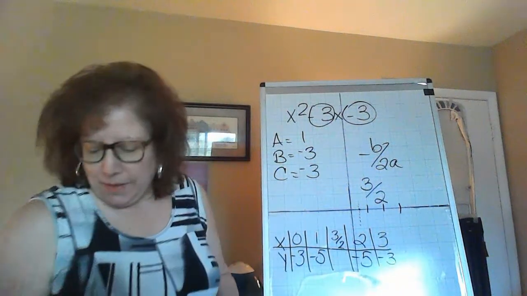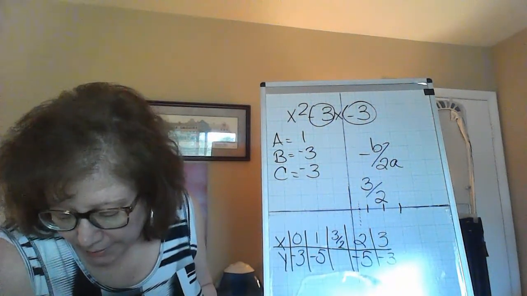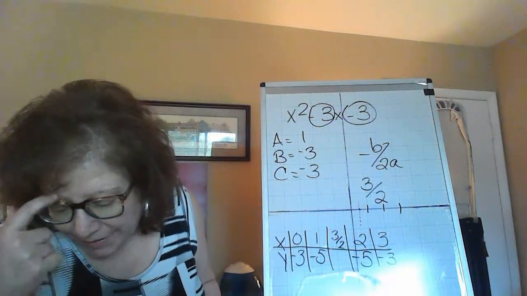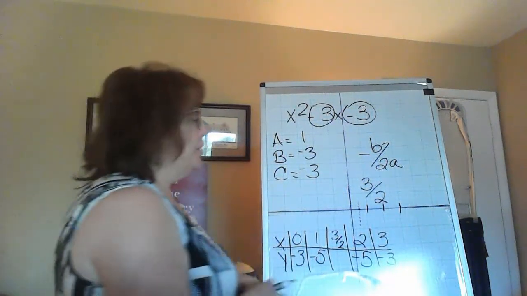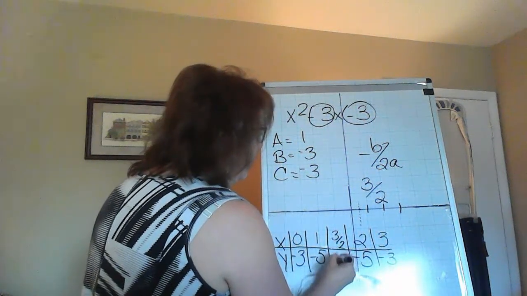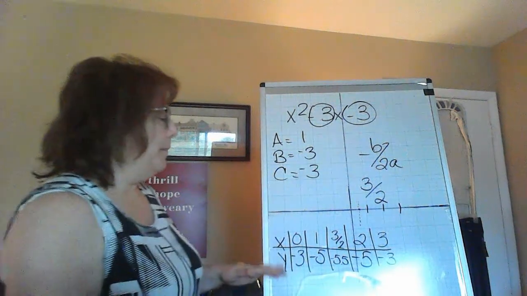And then the bottom point for this equation looks to be somewhere around negative 5. It's a fraction, so we're going to put like negative 5.5. I'm not going to waste the time going through the math for that.